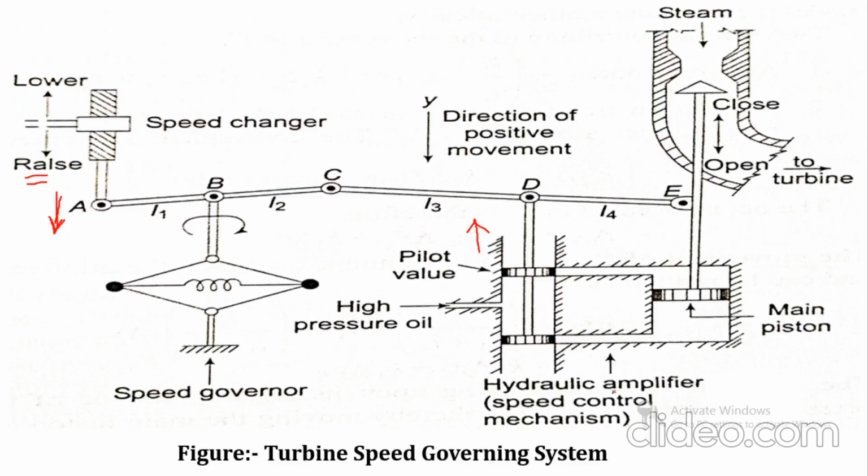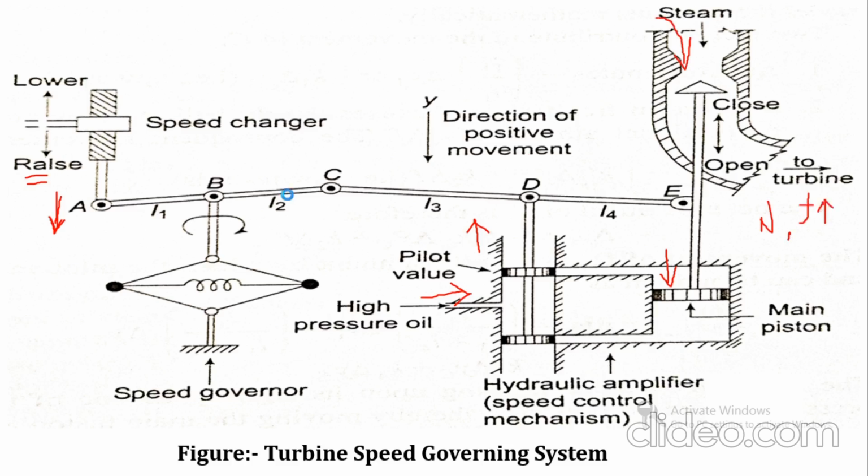So high pressure oil will enter, and due to that the piston will move in the downward direction. So steam flow will enter, and speed and frequency will increase. Clear?